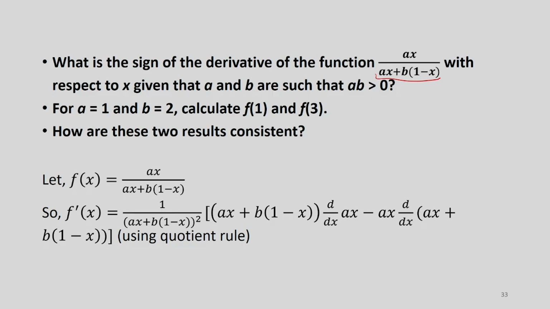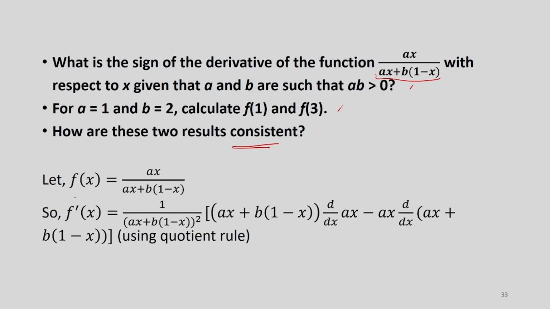So, this is the first part. We have to find out the derivative of this function. Second part, for a is equal to 1 and b is equal to 2, calculate f of 1 and f of 3. And thirdly, how are these two results consistent? So, two results means this result and this result, are they consistent?